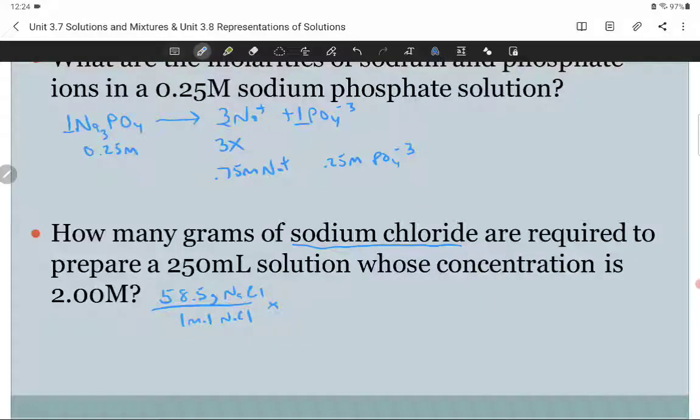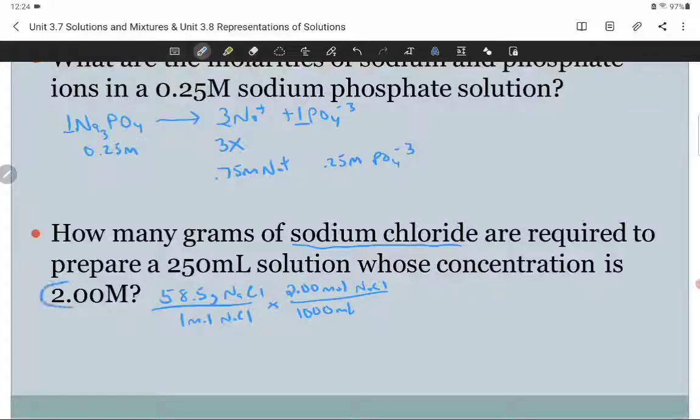Then that gives us the grams that we would love in our answer, but we've got to get rid of the moles on the bottom of this fraction here. So what else do we have? We have 2 moles of NaCl dissolved in 1 liter, and I'm going to write 1,000 milliliters instead. Why? Because 1,000 milliliters is 1 liter.